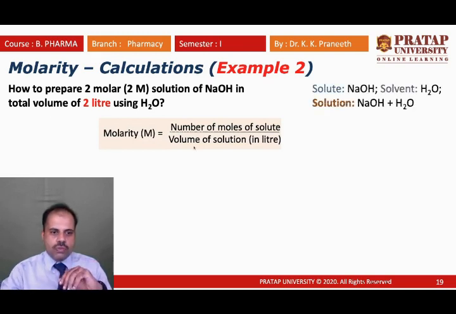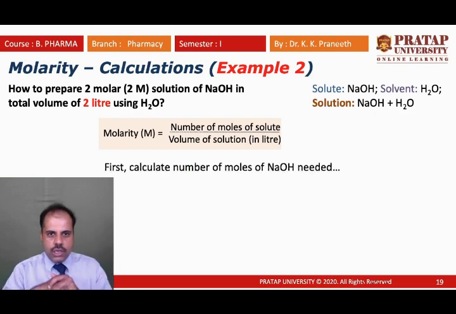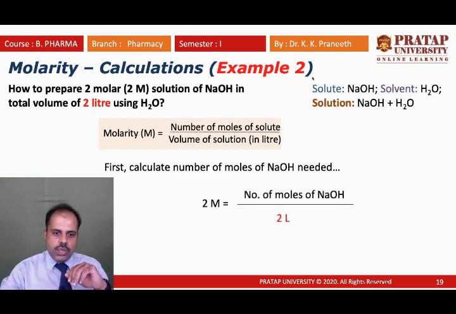Same formula you use for molarity: number of moles of solute divided by volume of solution. Solute is sodium hydroxide, solvent is water, and solution is sodium hydroxide plus water, right? First we have to calculate the number of moles of sodium hydroxide needed. We already know the concentration, the molarity, that is 2 molar we need to make.